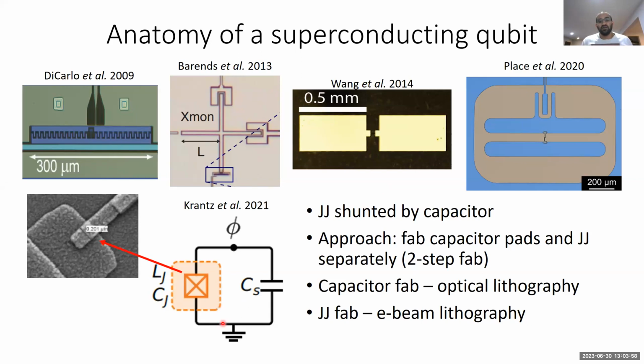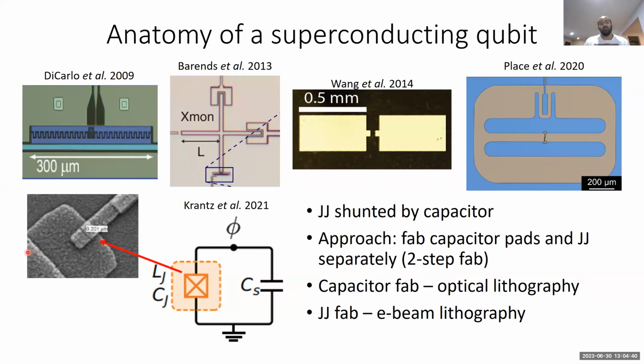The Josephson junction is a submicron element, and so you can really see it best in SEM or AFM. It consists of two superconducting electrodes with an insulating oxide between them. Because of these two very different length scales, we're going to approach the fab using a two-step process where we fabricate the capacitor pad and the ground plane, if it exists, in a first step using optical lithography, and then we fabricate the junction using electron beam lithography in the second step.